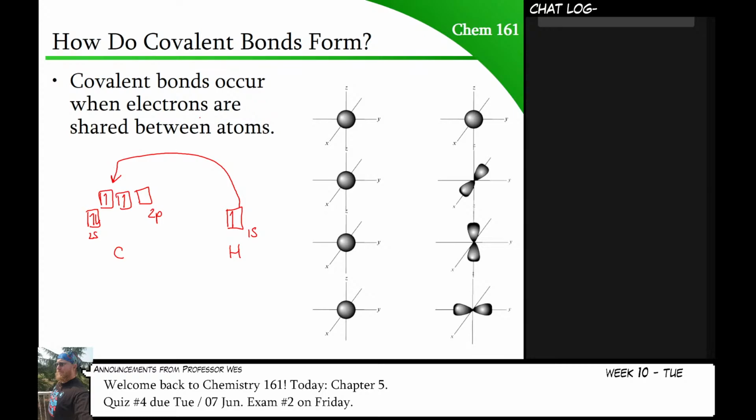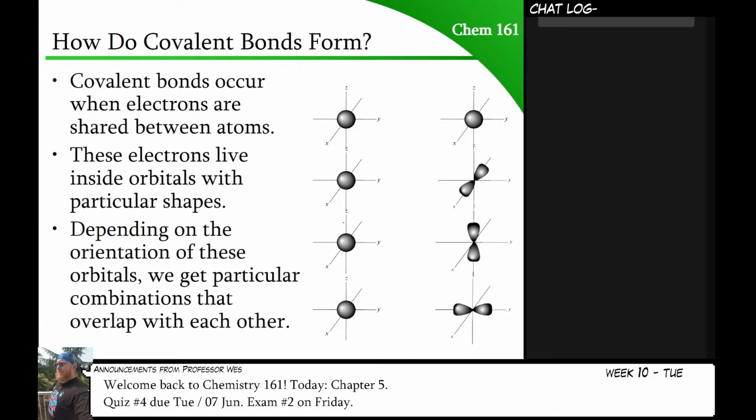But the intent is that I can just move two orbitals and overlap them, and the bonding will occur in the overlapping region. So here I got a bunch of s orbitals on the left, and here I've got a variety of orbitals on the right. What I'm going to do is push them along this y-axis such that the two orbitals bonk into each other.